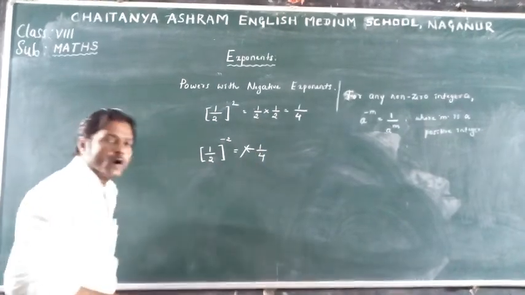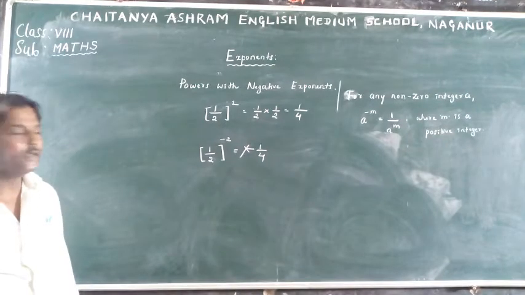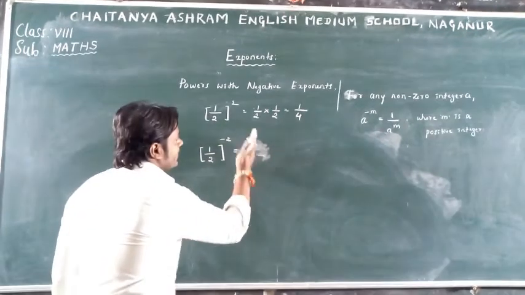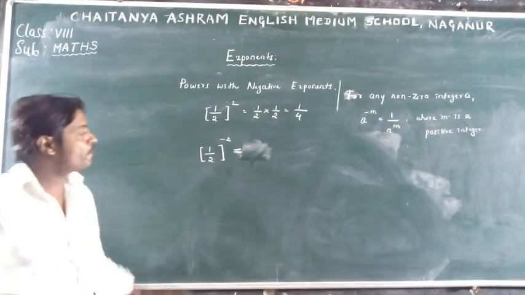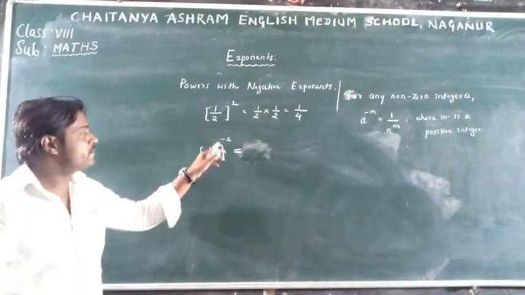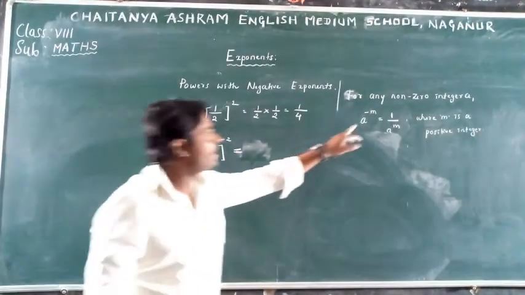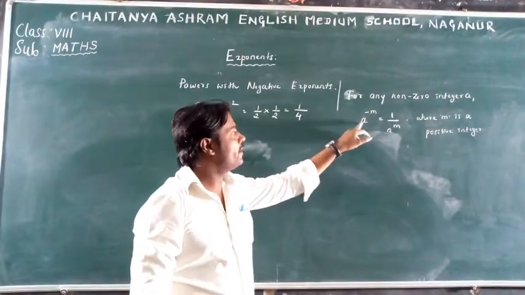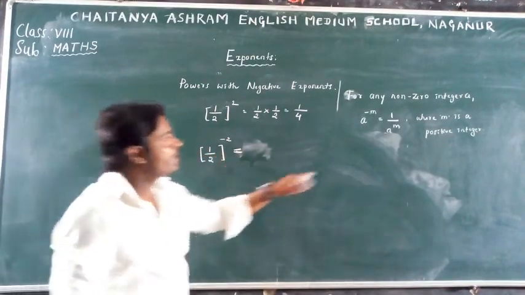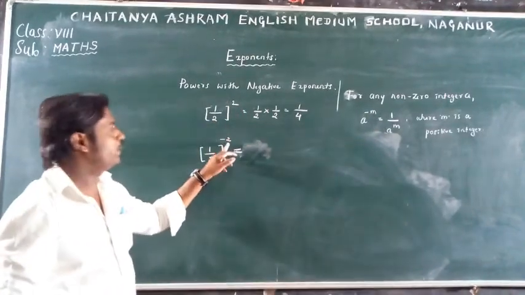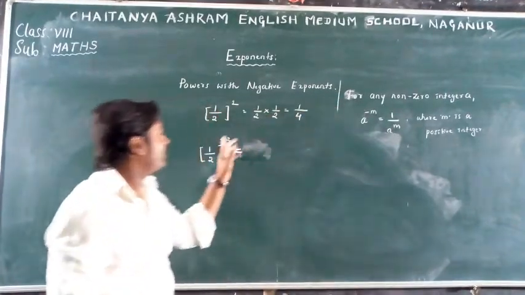This is wrong. Understood? So first convert this into a positive exponent. Compare this with a raised to the power minus m. Here a is 1 divided by 2, m is 2 and this is minus.